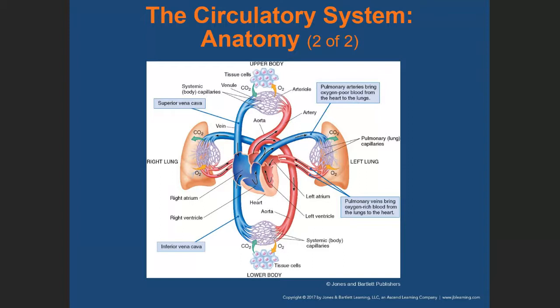Now the main function of the circulatory system is to circulate blood throughout the body, to the tissues, to the various systems within the body, the tissues within these systems, the cells within these tissues, in order for the cells to create energy and have what we would call aerobic metabolism, right?